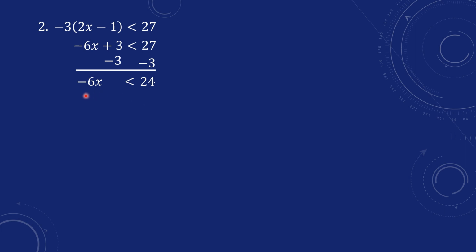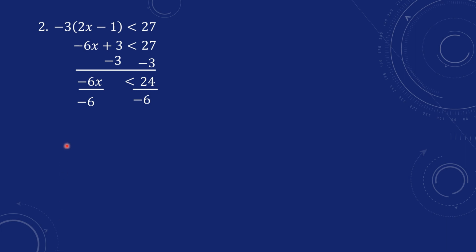This is the negative 6x or negative 6 times x. The inverse operation of times or multiplication is division. So we are going to divide both sides of the inequality by negative 6. Divided by negative 6, divided by negative 6.